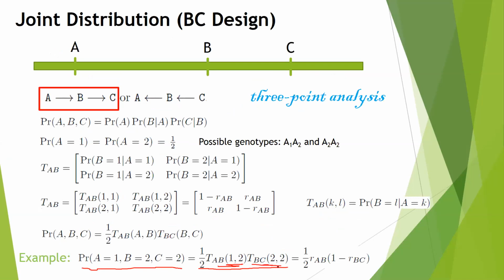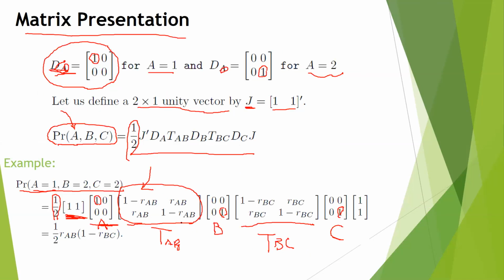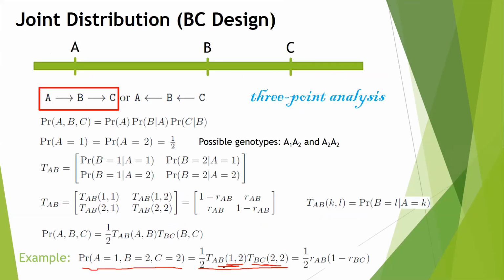Sometimes you may make some mistakes, and then your calculation will be incorrect. But here, you don't have to specify which element, because these genotypes will help you pick the right element from these two matrices. So this is an easy way to do this using the matrix presentation, and the result is identical, it's the same as this one.